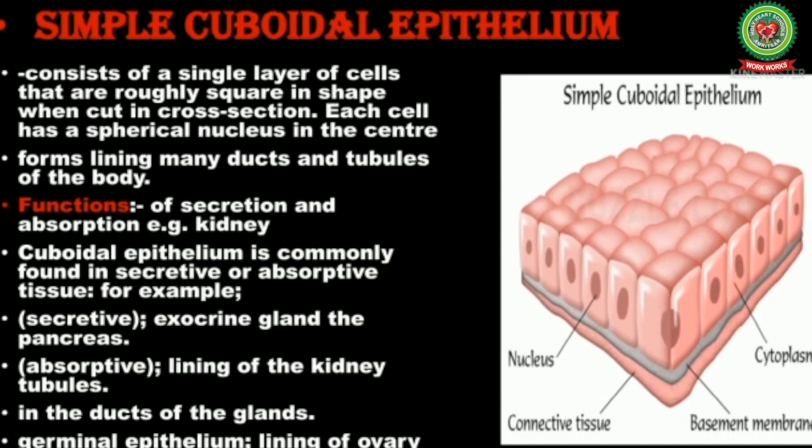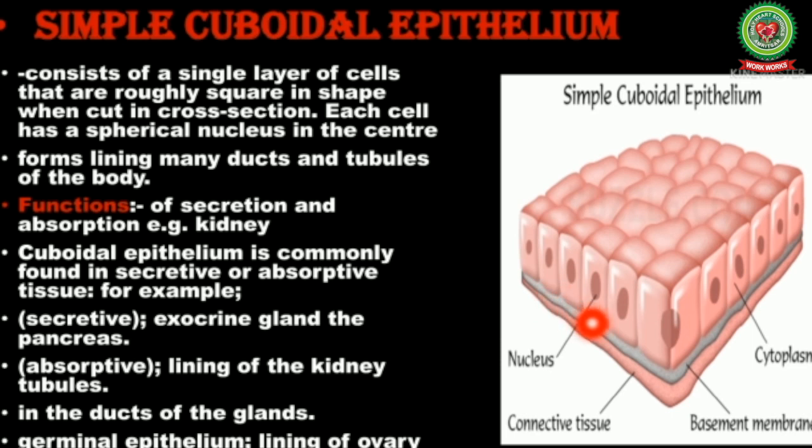The next type is simple cuboidal epithelium. It consists of a single layer of cells that are roughly square in shape when cut in cross section. Each cell has a spherical nucleus in the center. It forms the lining of many ducts and tubules of the body.